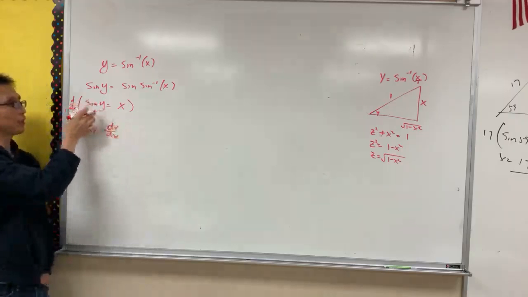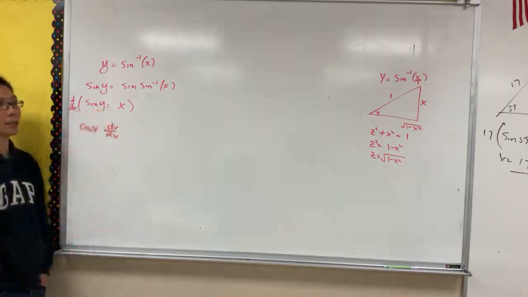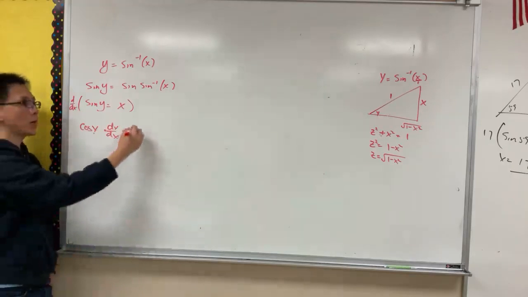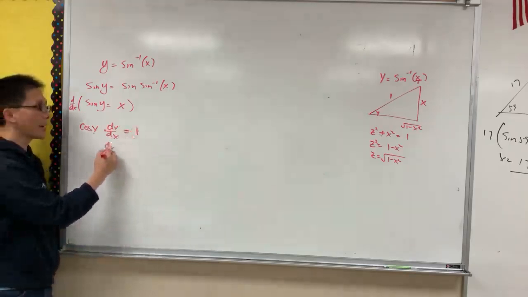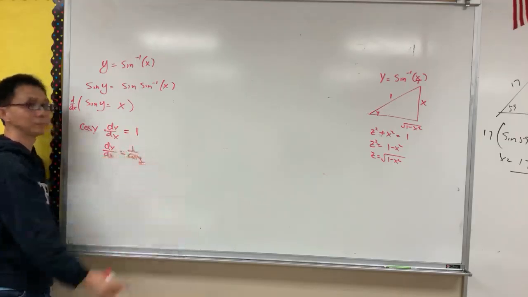Because you're taking the derivative of the sine, that's cosine y, and then you take the derivative inside, y with respect to x, so it's going to be dy dx. What's the derivative of x? 1. So dy dx is equal to 1 over cosine y, would you say?